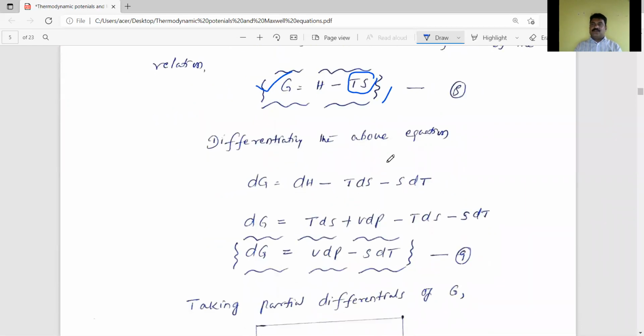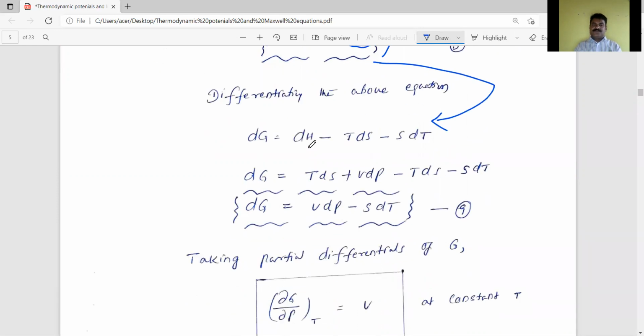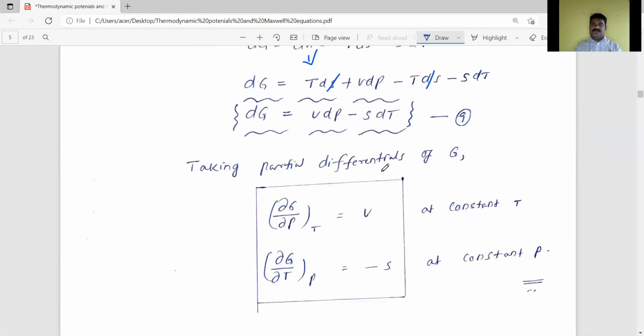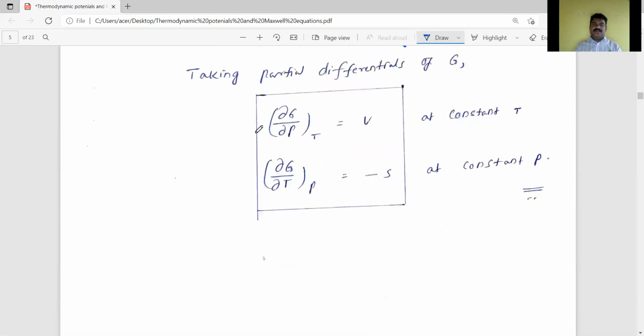All these thermodynamic potentials are energy functions. Again, differentiate this equation, substitute the value of dH, and these two terms will cancel out, and you get dG equal to VdP minus SdT. From this, if you take pressure as a constant, and temperature as a constant, you can get these two values. Like this, you can explain thermodynamic functions, potentials.